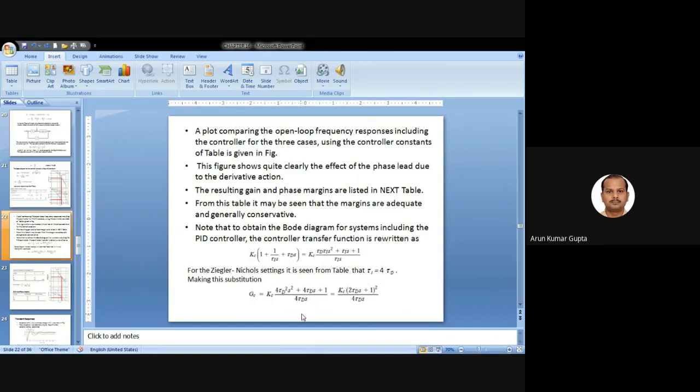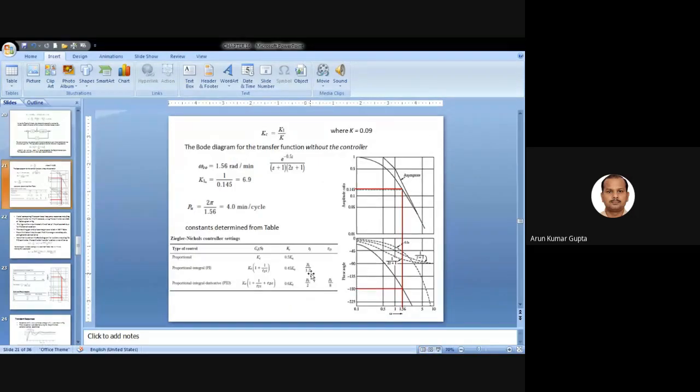If you want to see the relation of how this is behaving, you can put the relation tau I equal to 4 times tau D. I showed you where we are getting this. You can see here PU by 2, PU by 8. So this relation is tau I is basically 4 times tau D.